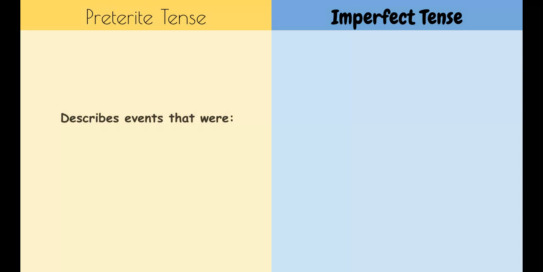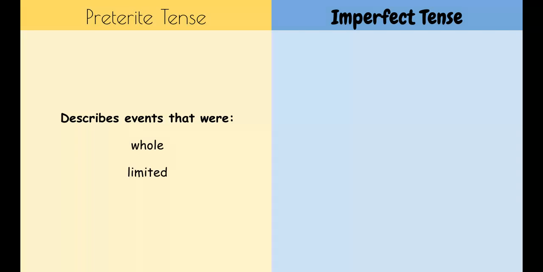And a simple way of saying that is that you're looking at how the verb is being perceived. So even though they're both in the past tense, when you're conjugating verbs in the preterite tense, you're talking about events that were whole or limited. And when I say limited, I mean kind of more specific and bounded in time at a specific time.